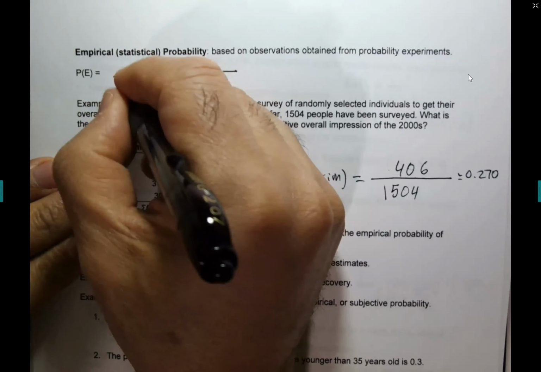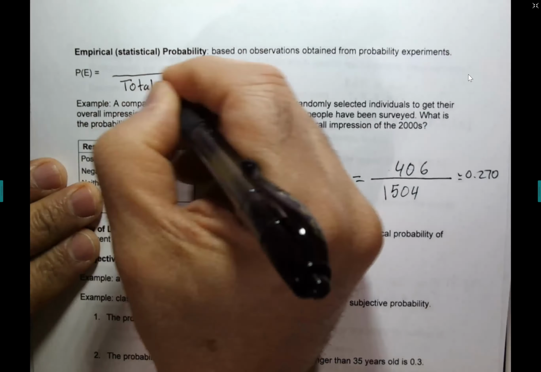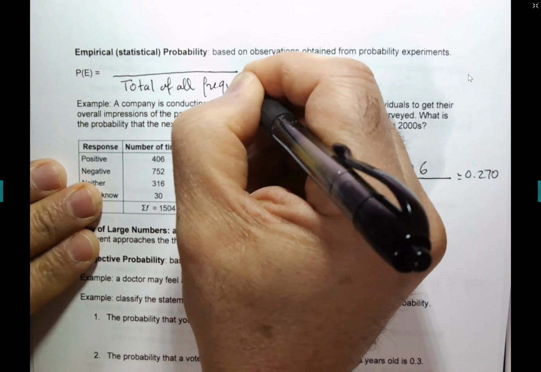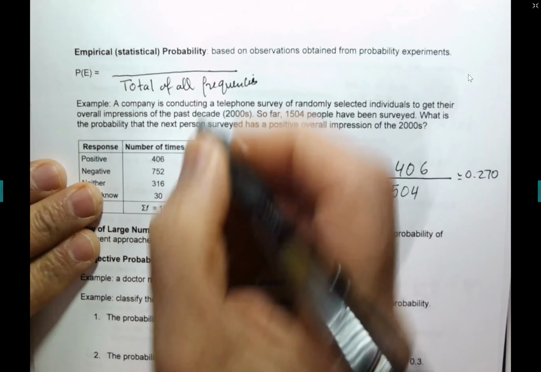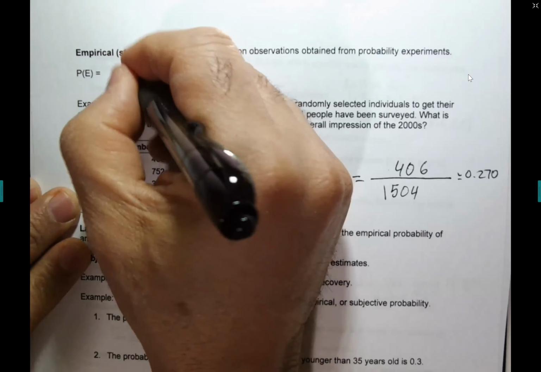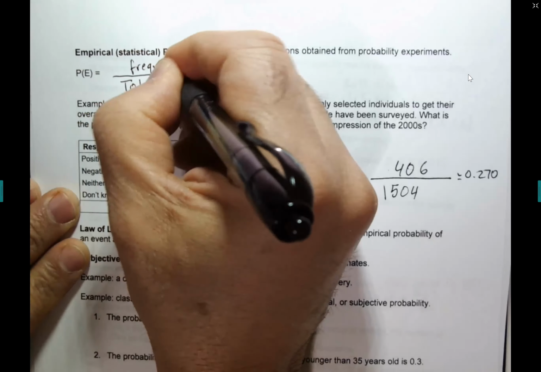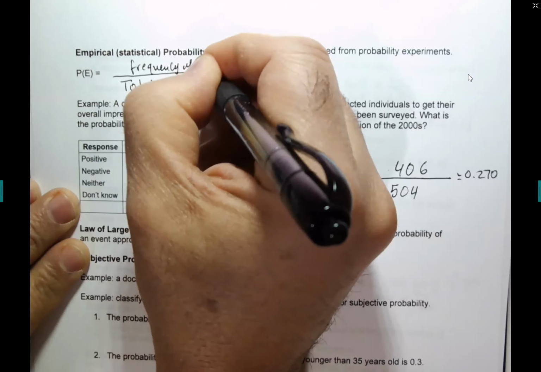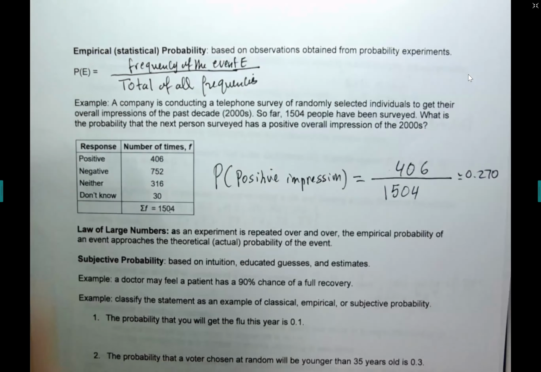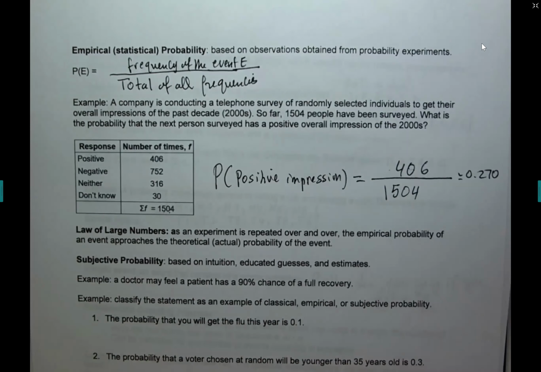Here, the total of all frequencies, or sum of all frequencies, which is 1504, and here, the frequency of the event. So this is another definition. It's just like the classical, guys, but we're using tables right here.